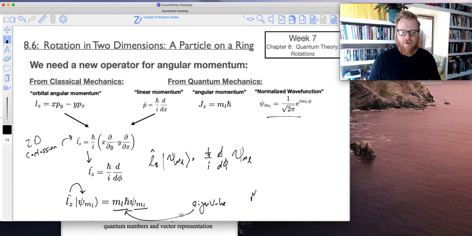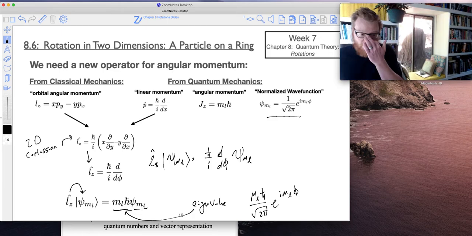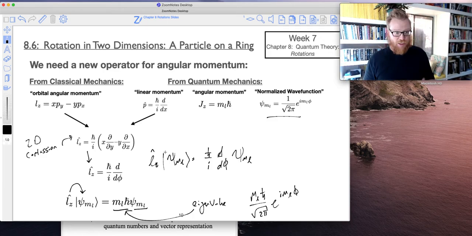So I'll write that: it's ml h bar, and then that becomes divided by root 2 pi e to the i ml phi. That e to the i ml phi divided by root 2 pi is psi ml. So this is fantastic. We're working in the right direction with this orbital angular momentum operator. We recognize it's a valid operator because it gives us an eigenvalue.